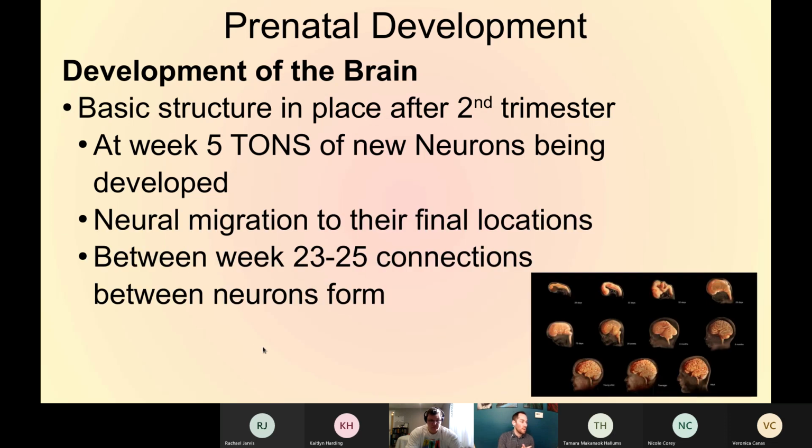So you start making a ton of neurons at about 5 weeks, and then between about weeks 23 to 25, depending on the individual, you start making connections between neurons, and you can see the first evidence of messages being sent back and forth between neurons, which I just think is fascinating. You obviously can't interview a 25-week-old fetus to see what kind of sensations or perceptions they have at that point in time, but I just think that's a fascinating thing.